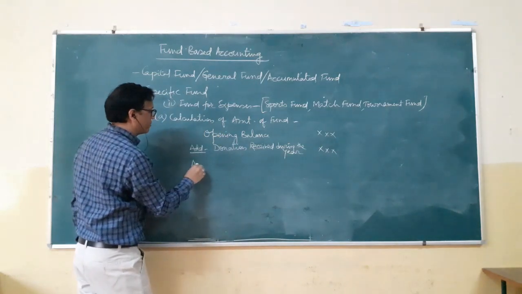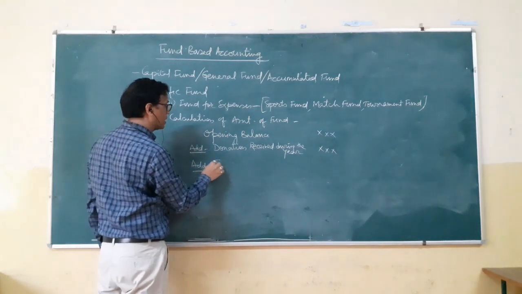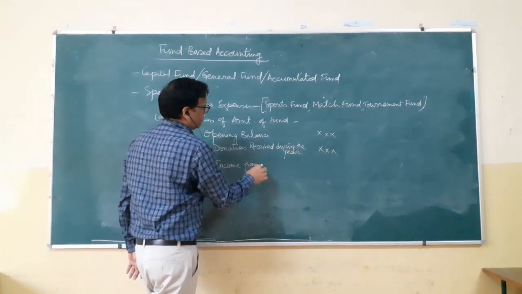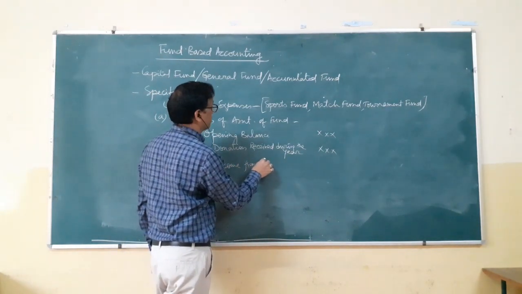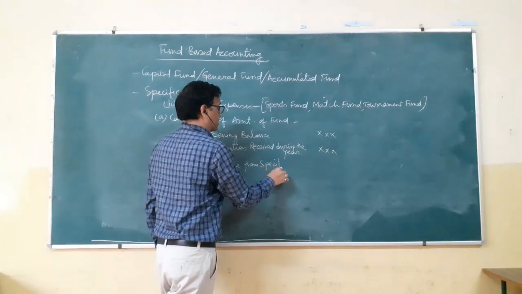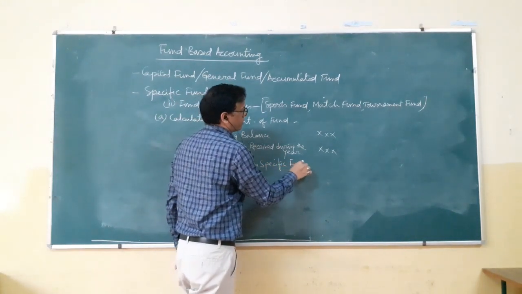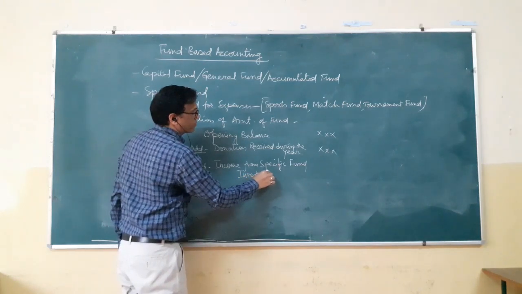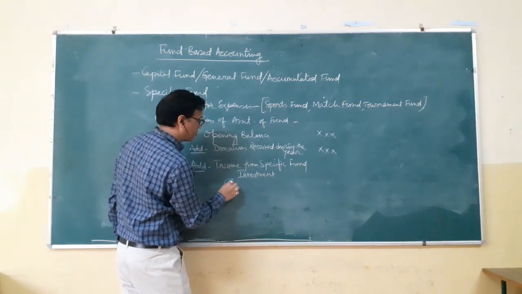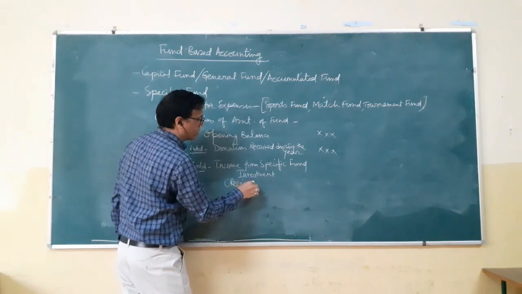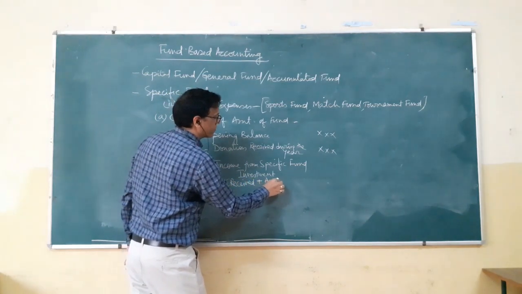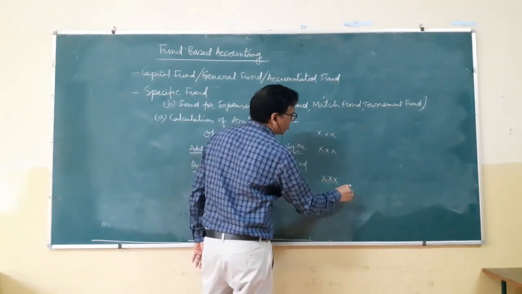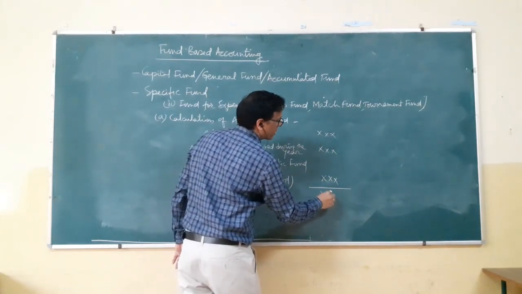Then we add income from this specific fund investment, received plus accrued. Both types of interest. If any amount is receivable, not received yet, both the amounts will be plus here.